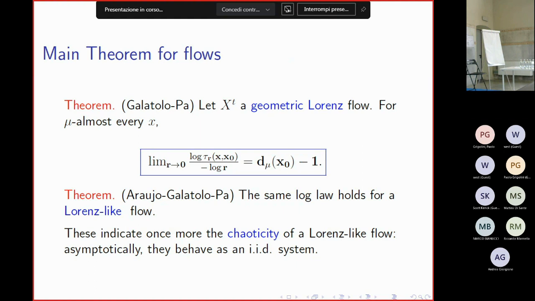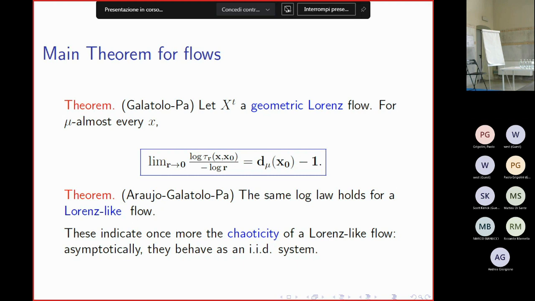Later we extended the same log law to Lorenz-like flows. The geometric Lorenz flow is characterized by a unique singularity, which is quite well behaved and is attached to regular orbits of the system, and this behavior is robust. Lorenz-like flow means that you are free from the number of singularities.